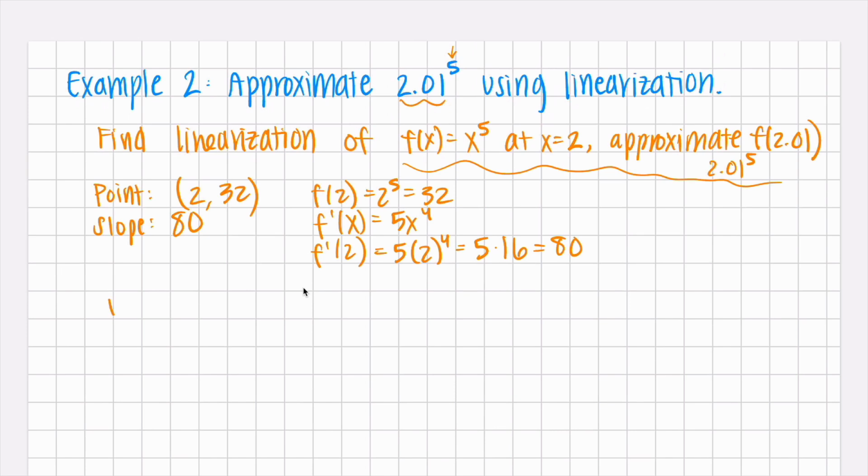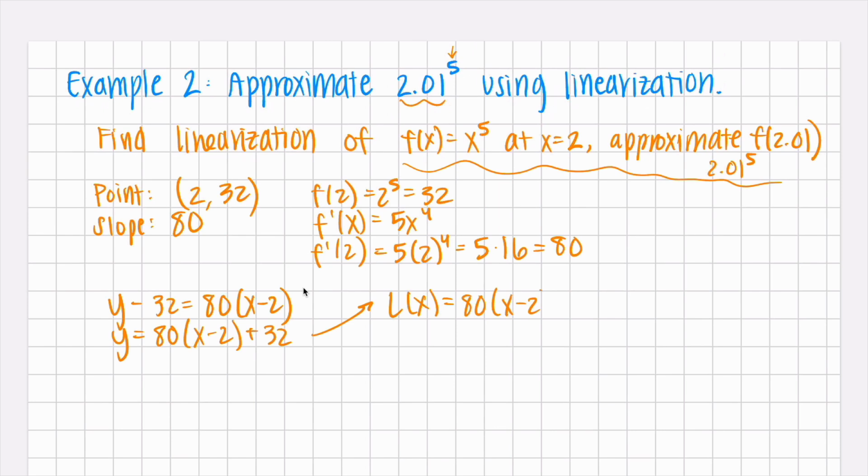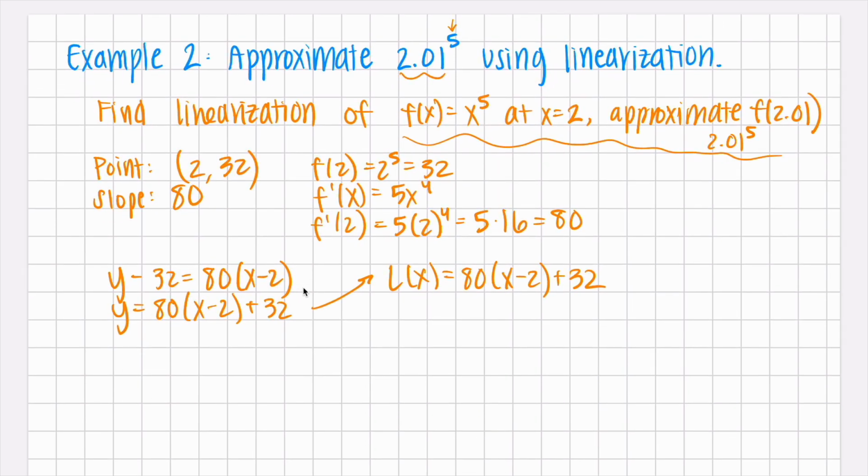So y minus 32 equals 80 times x minus 2. I'm going to add the 32 over to the other side, and I get L of x equals 80 times x minus 2 plus 32. So there's our linearization.